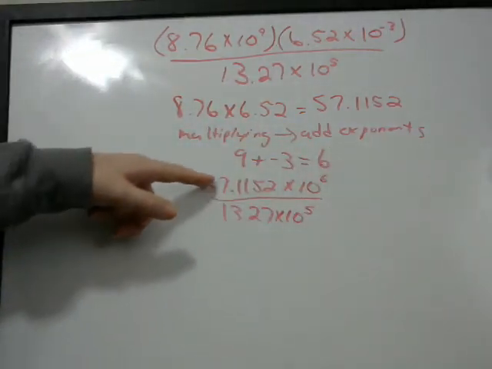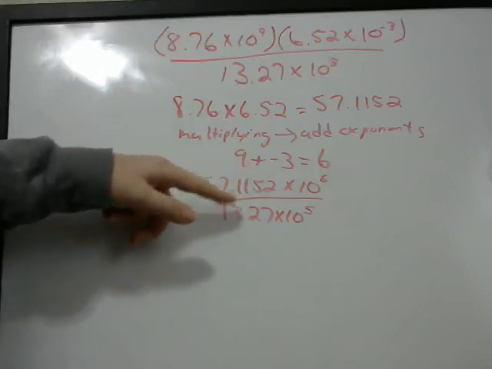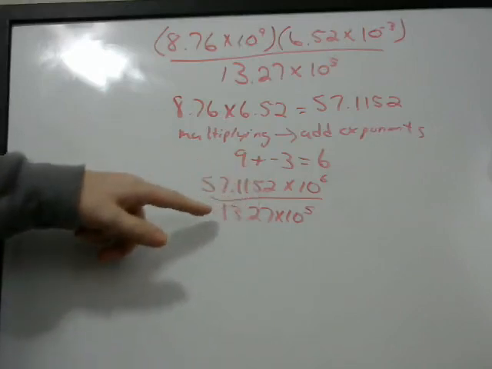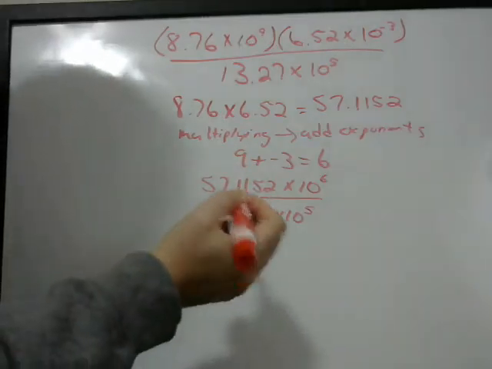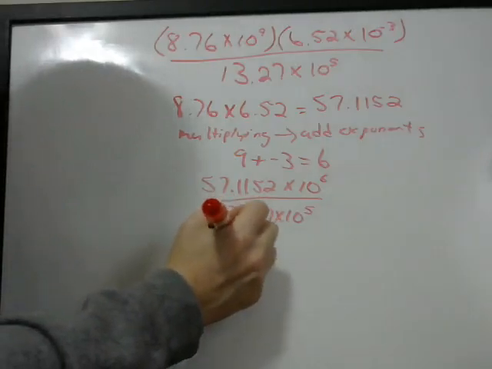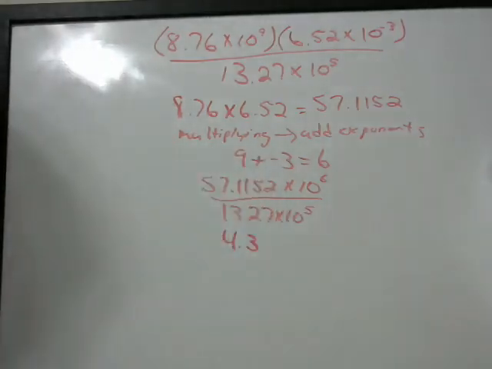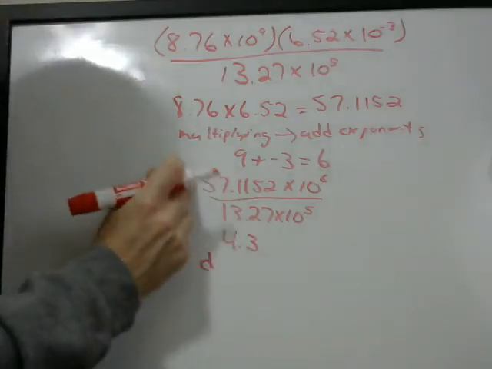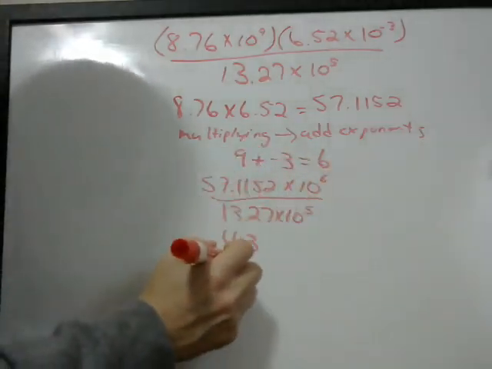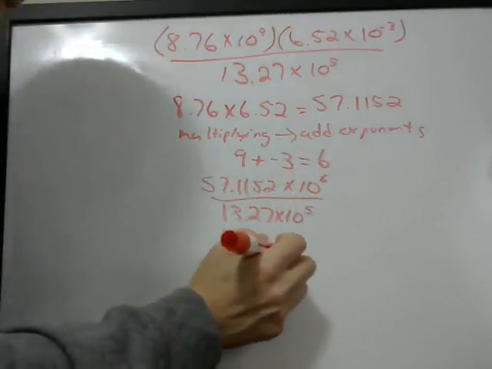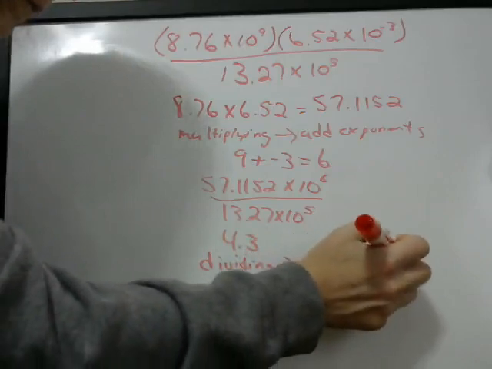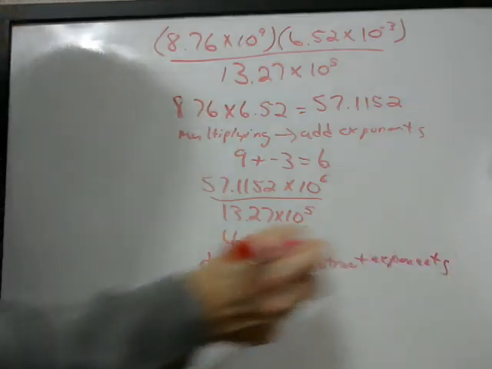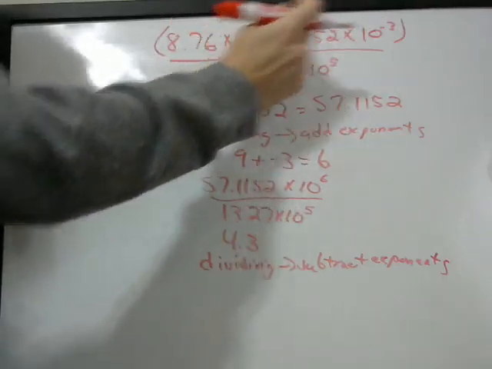So again, we're just going to do a normal division with the two base numbers, 57.1152 divided by 13.27. You plug that into your calculator. You're going to get kind of a long number. We're just going to round it to 4.3. When you're dividing, because now we're dividing, right? So we're not going to add the exponents. When you're dividing, you subtract the exponents. Okay, so here when you're multiplying, you're going to add them.